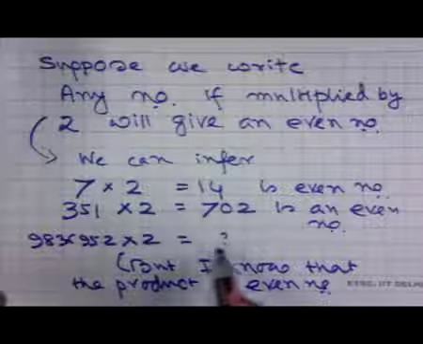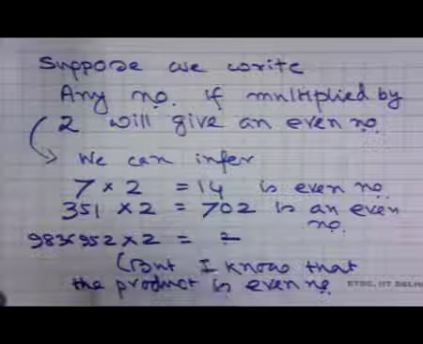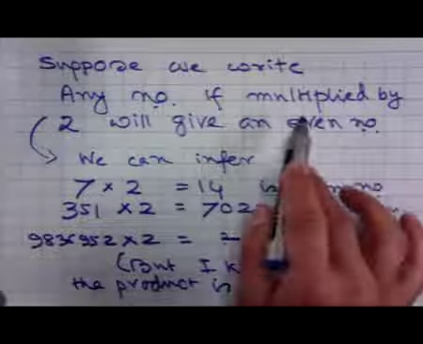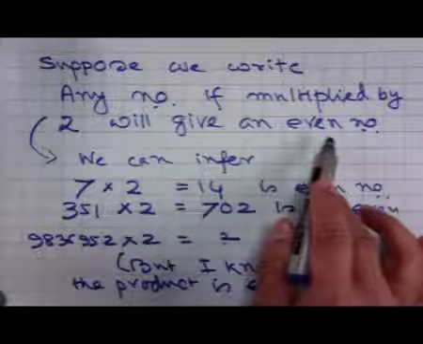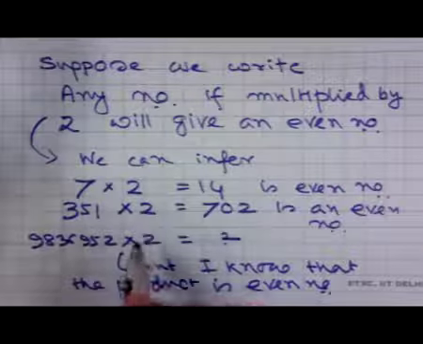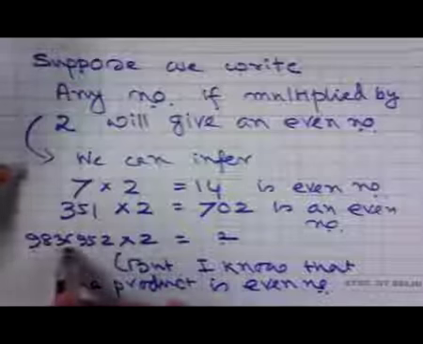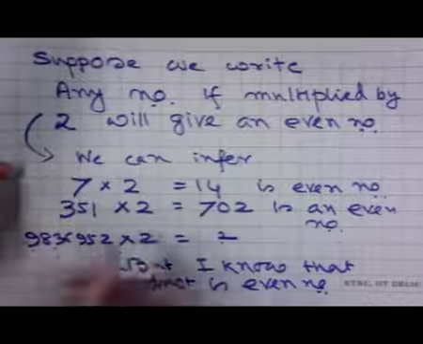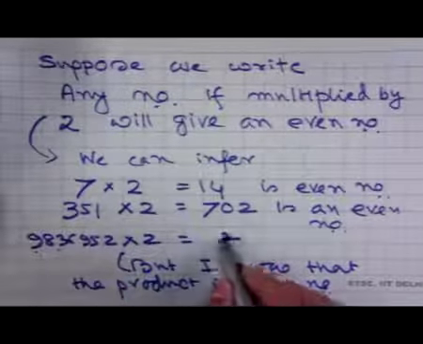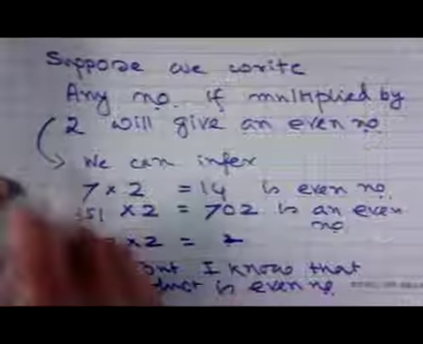Even though I do not know the answer immediately, I can say from the given fact that any number if multiplied by 2 will give an even number, I can say that the product 9836952 multiplied by 2 is going to give you an even number. Okay?